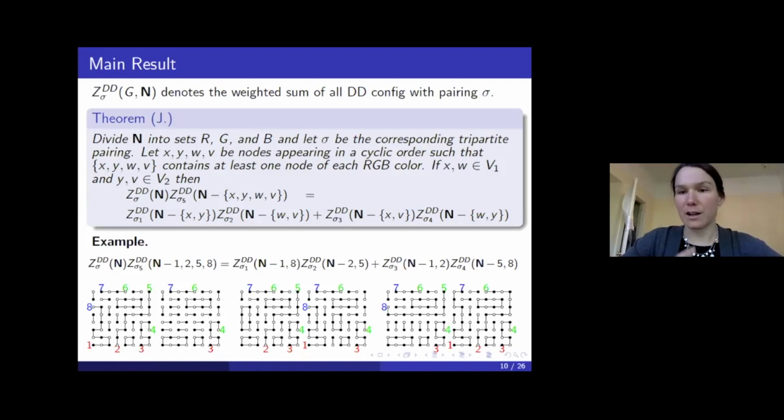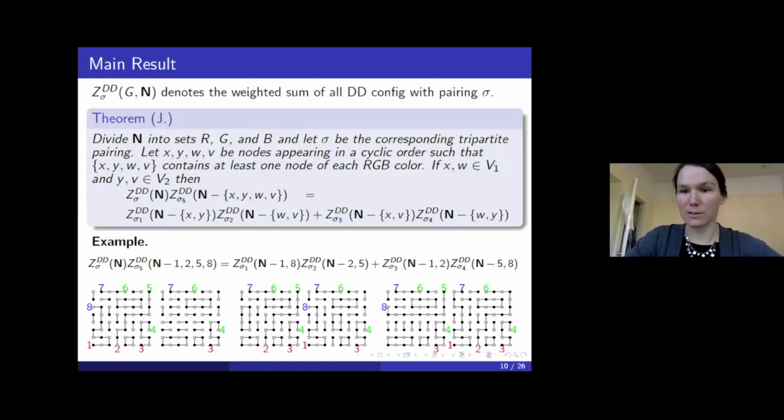So then this is actually something I wanted to mention: this is a corollary of a more general result where X, Y, W, and V can be any 4 nodes as long as 2 of them are black and 2 of them are white, but these additional cyclic order assumptions make the signs really easy to understand.